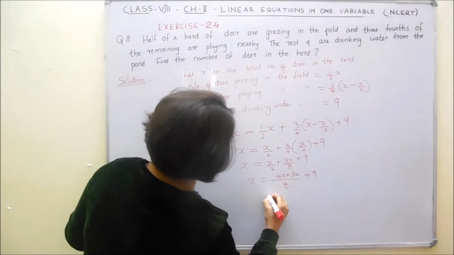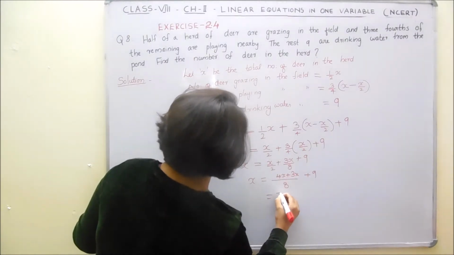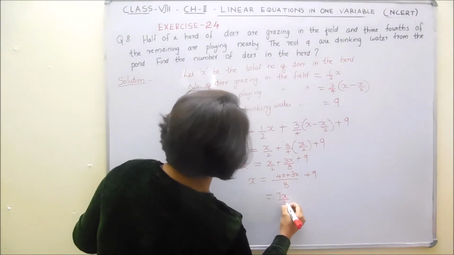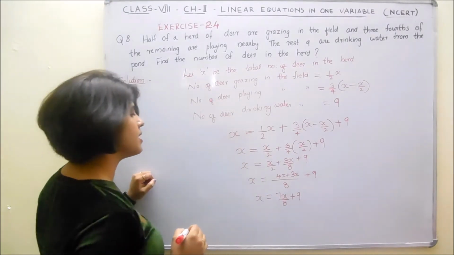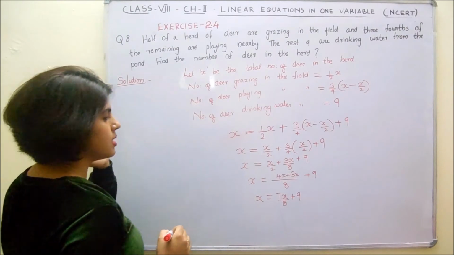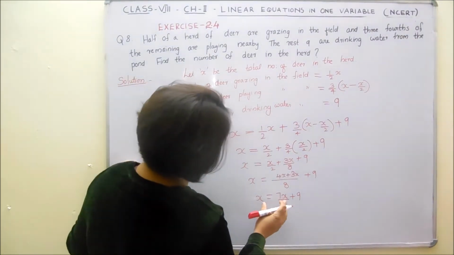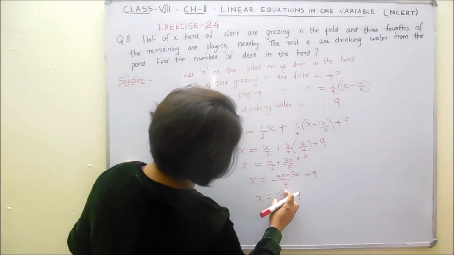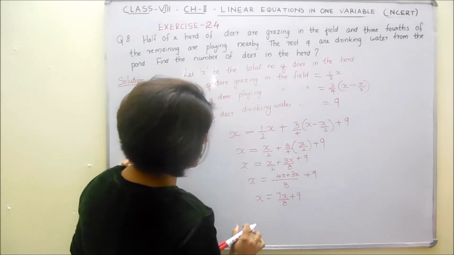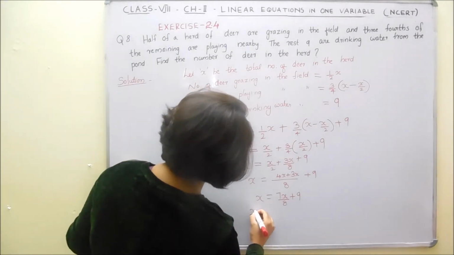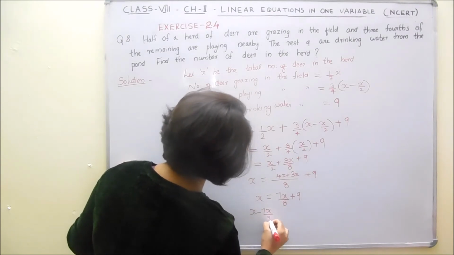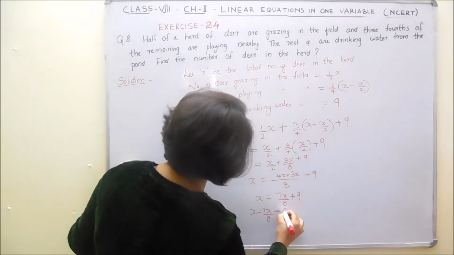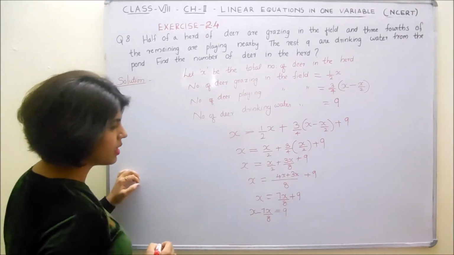right? So which is equal to 7x by 8 plus 9, x equal to 7x by 8 plus 9. Again we have to bring this term into LHS, right? Then what would be x minus 7x by 8, which is equal to 9, right?